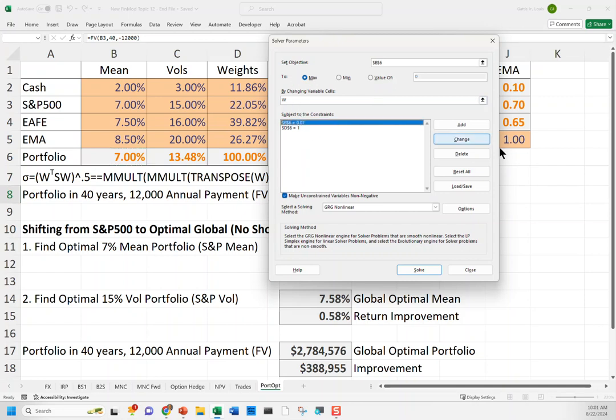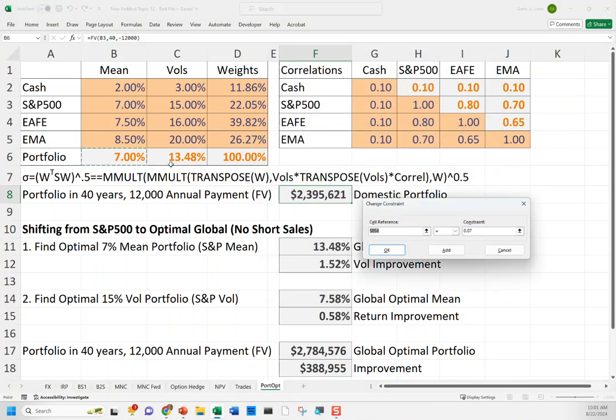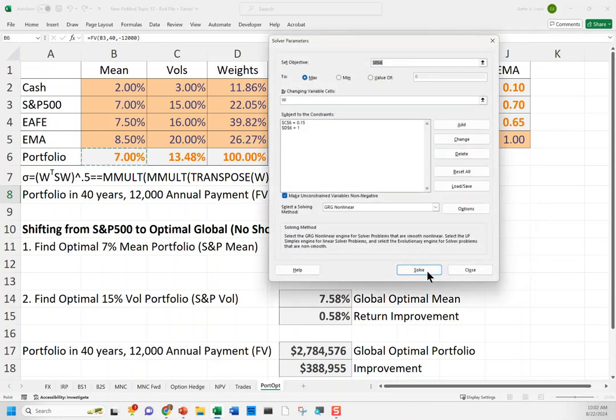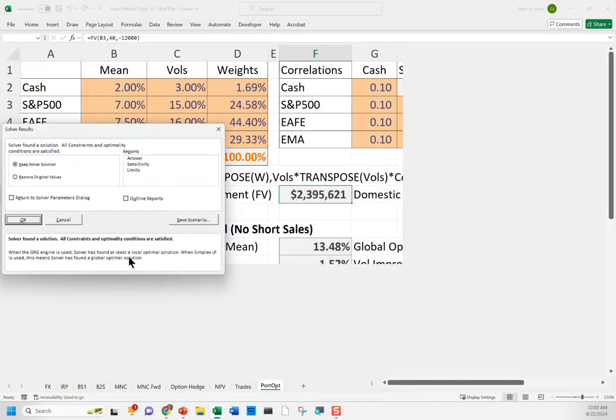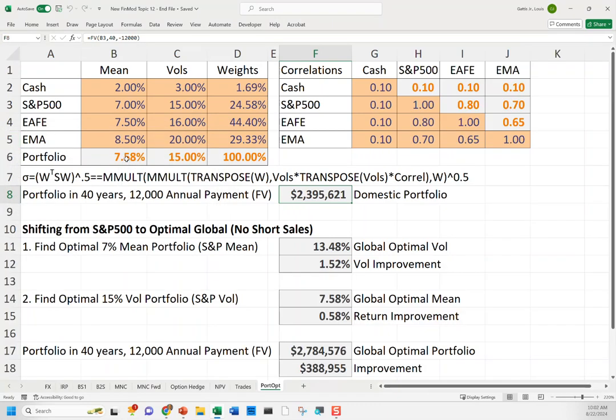Add a constraint that the vol is equal to the same vol as stocks, 15%. Run Solver. And it looks like we can get 7.58%, so that would be a 58 basis points improvement in return.